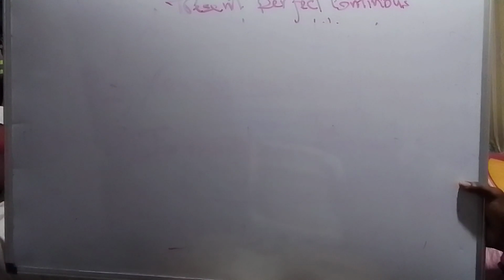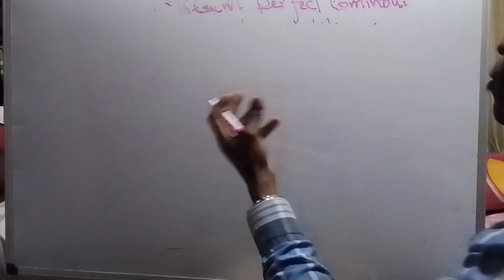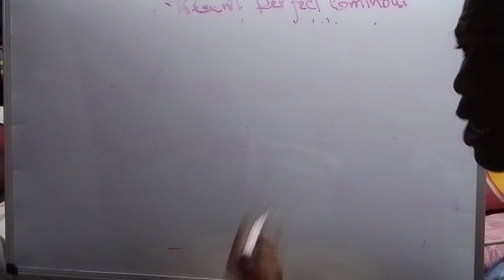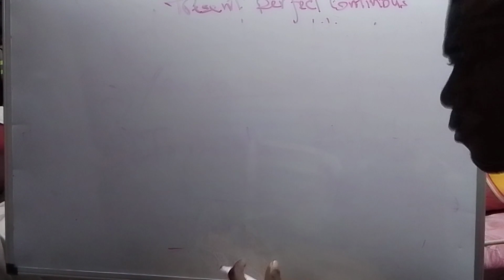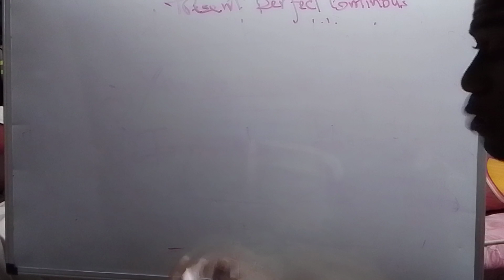The present perfect continuous. Make sure you subscribe to the channel below, because a lot of people are having trouble knowing how to use had been or have been. There's a difference. Had been plus the present participle is for the past perfect continuous.